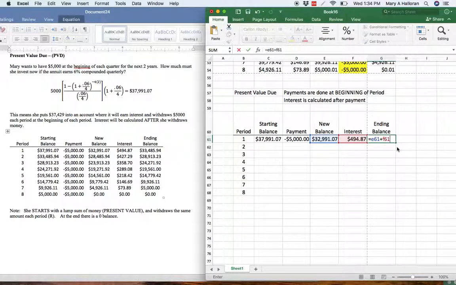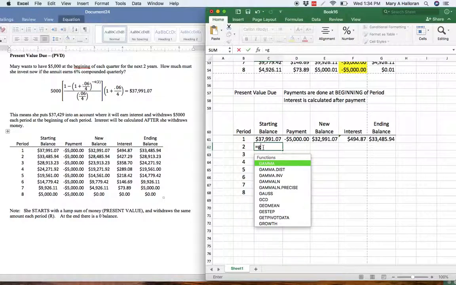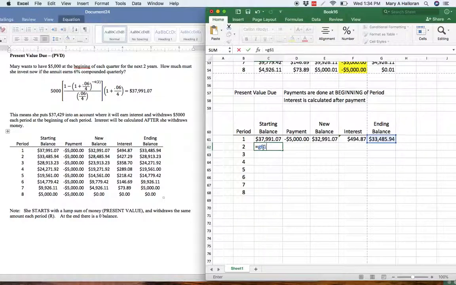Those two get added. So now I've got $33,485. So that gets rolled over. I take $5,000 out of there. $33,485.94 minus $5,000.